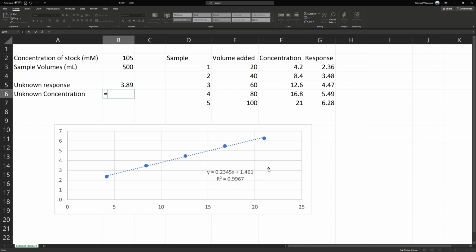So what we want to do is take y minus b divided by our slope. There are actually several commands that we could use to do this.